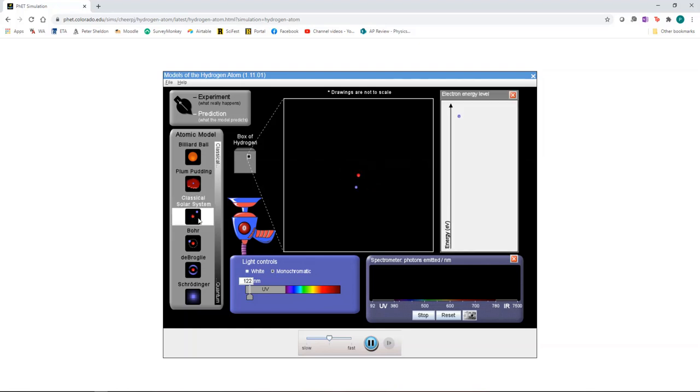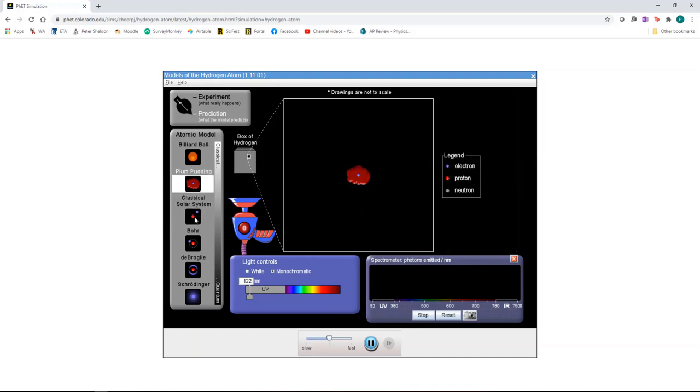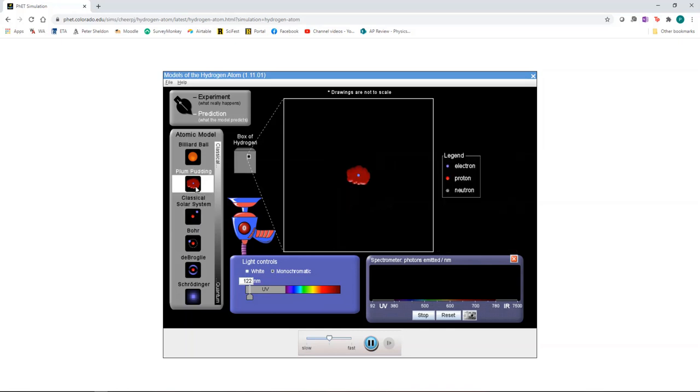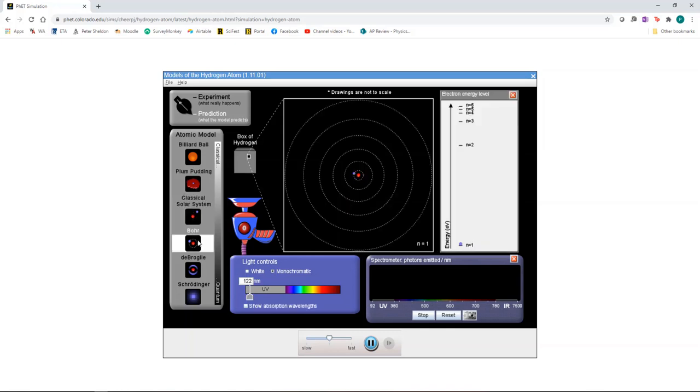And then the classical solar system. Look at that. It has an electron going around a nucleus, but the problem is that it doesn't last very long, so it's kind of hard to watch. Kaboom, I love that. And then the Bohr atom, which is the classical quantized orbits.